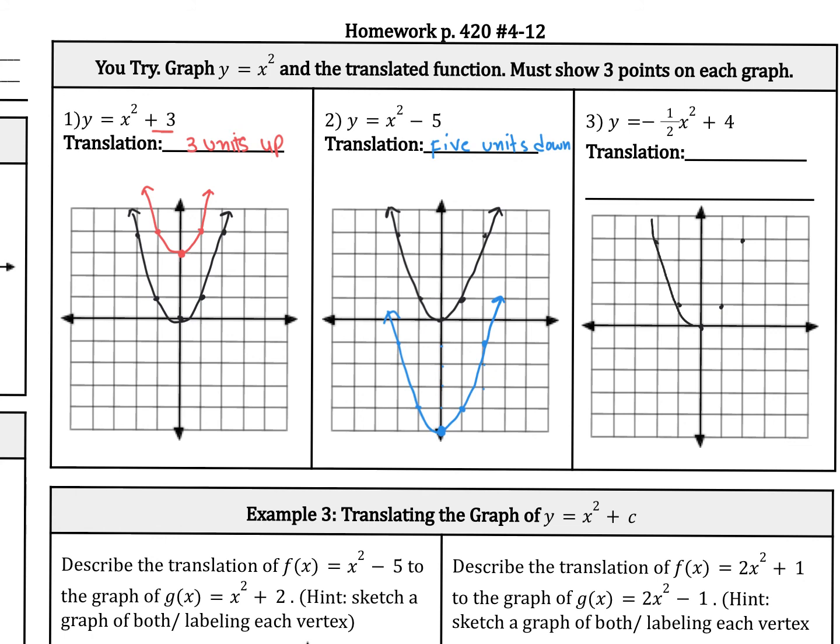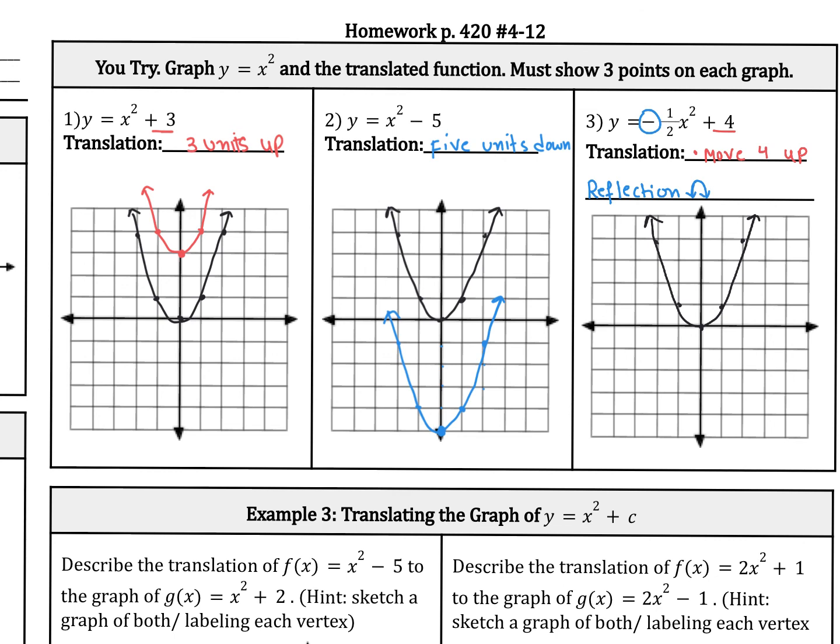Next question, for your parent graph, I'm going to graph the same parent function again. And then we are going to move the graph according to what is given here. So the first thing given is this +4, which means move 4 units up. This negative means there is a reflection, that is, it is going to face down.